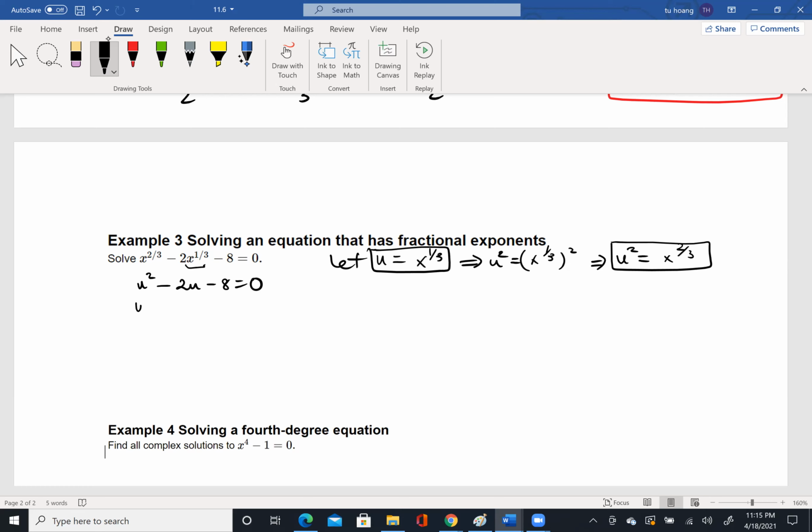So I'm going to say u minus 4 times u plus 2 equal to 0. That gives me u minus 4 equals 0, or u plus 2 equals 0. And that gives me u equal to 4, or u equal to negative 2.